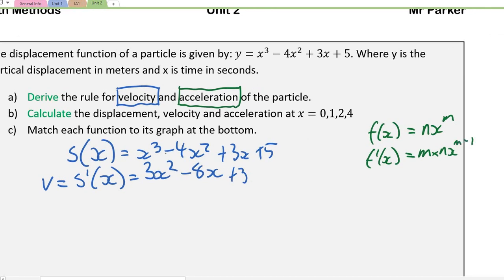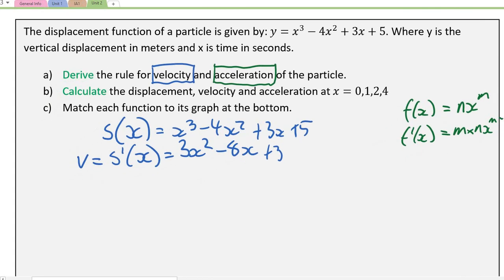So for x cubed, I took the 3 out the front, multiplied it through, then I reduced it down to a 2. So we got 3x squared. That's why the 5 disappeared, yeah.